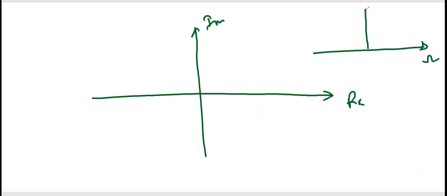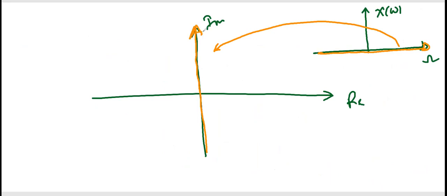If I go to the real plane and the imaginary plane, where the imaginary plane in the Fourier domain is omega, and this is the magnitude of X(omega). This axis is now converted to that axis. So this is now the imaginary axis, nothing else.